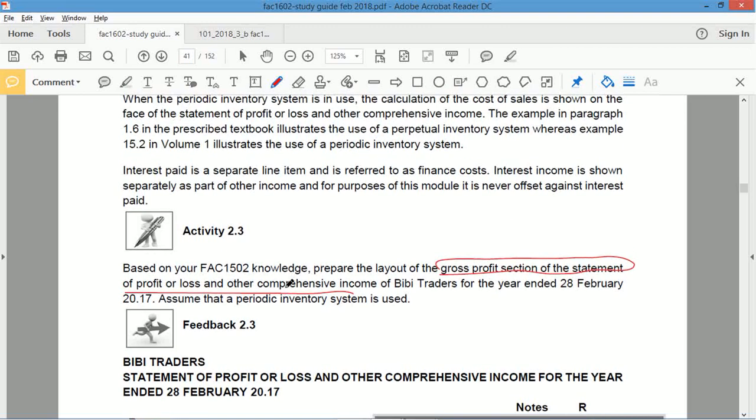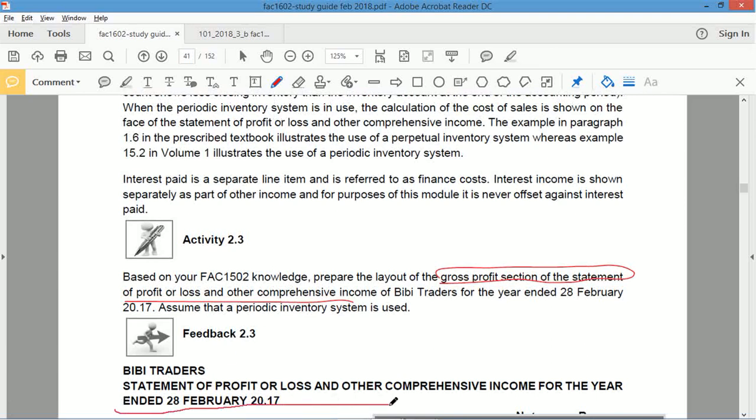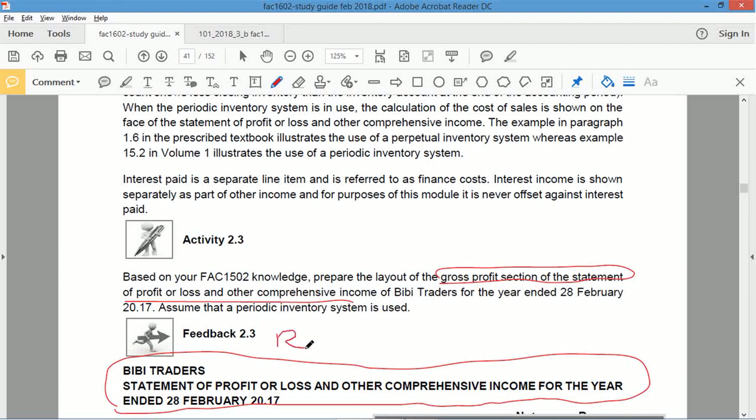This would have been the required that the examiner is going to ask you for in the exam, and then you have to build a template to answer the question. I want to know what it's going to look like, and I want you to put as many items in as you can.